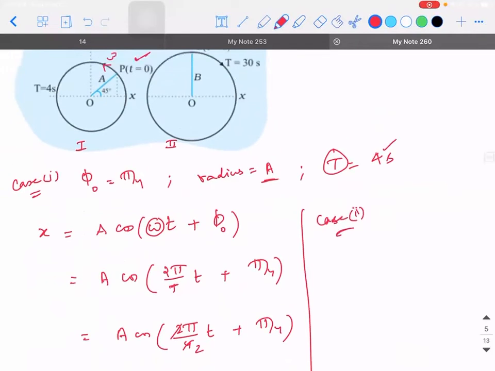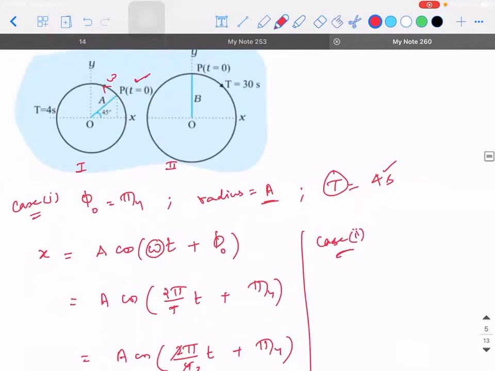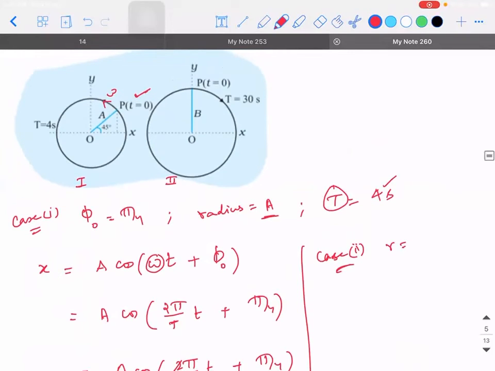Try this. So radius is how much? B, sir. That's right. Capital T is how much? 30 seconds. The particle is revolving in clockwise direction, unlike the previous one.